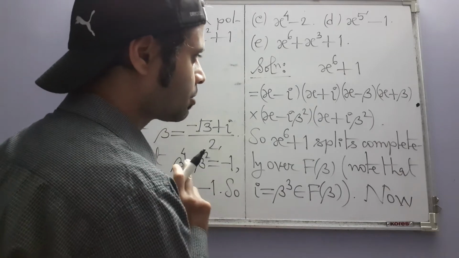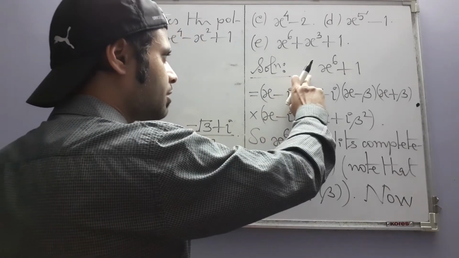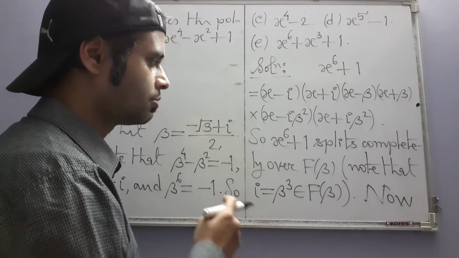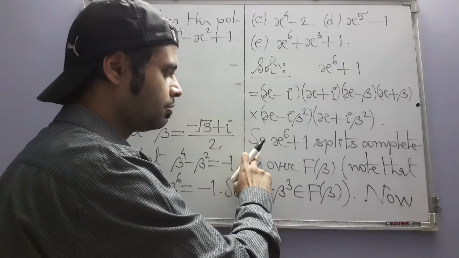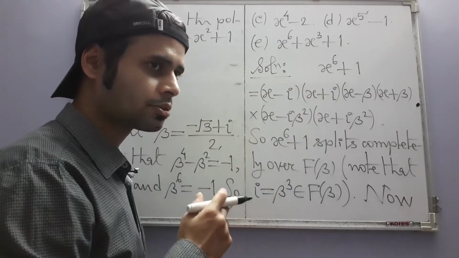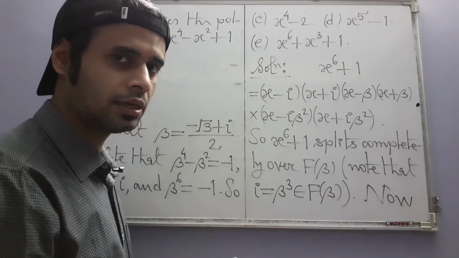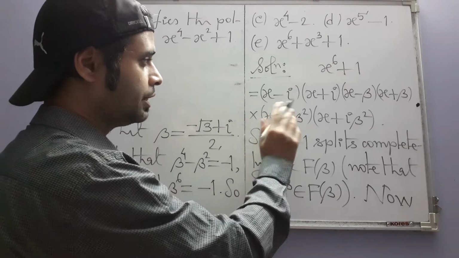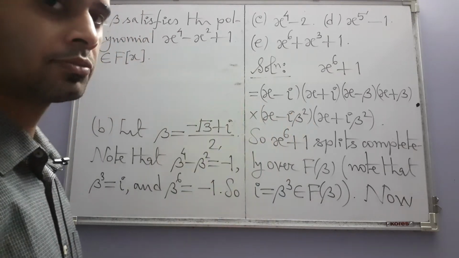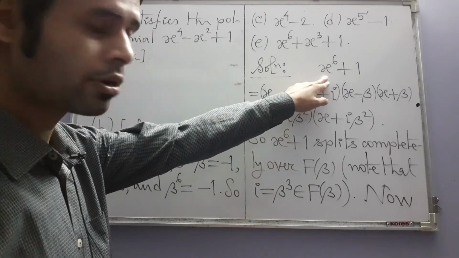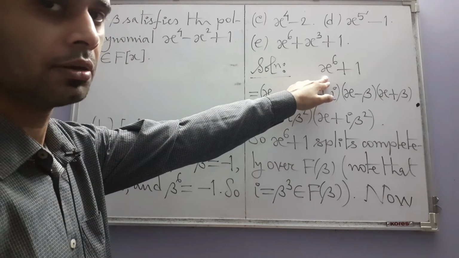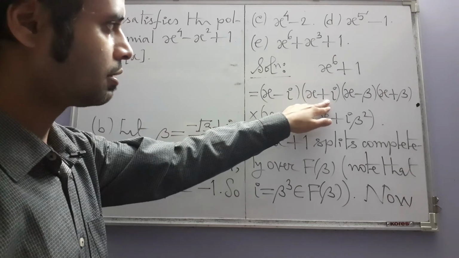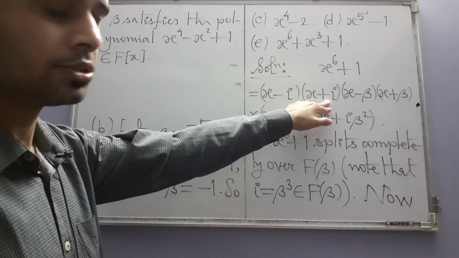In part A, after we factorized x to the power 4 plus 1, we went on to declare that no non-trivial factor of x to the power 4 plus 1 in Cx is in Fx. Here, however, that is not the case, and that is why this is not the minimal polynomial for beta. If you multiply these two out, what do you get?